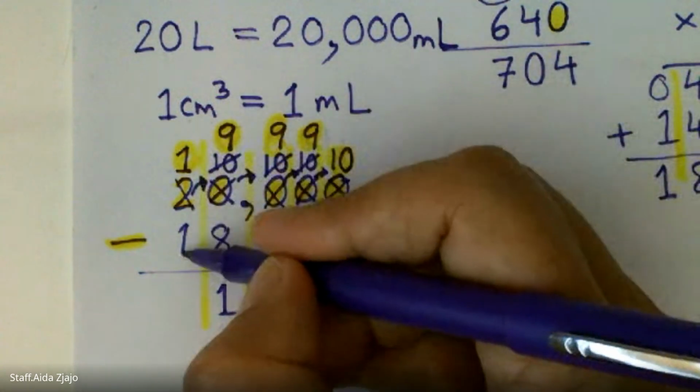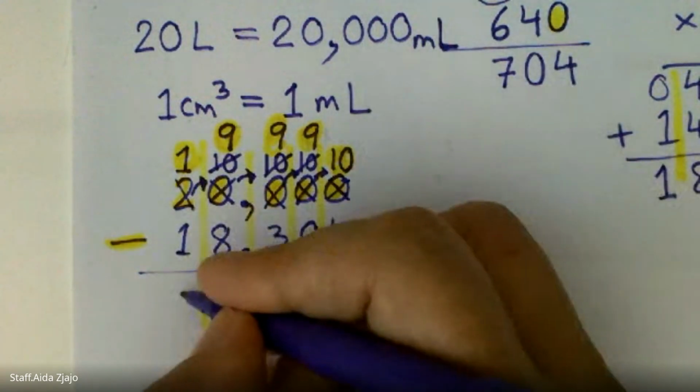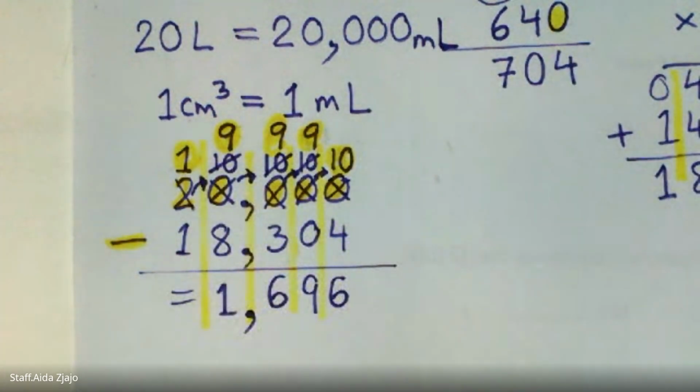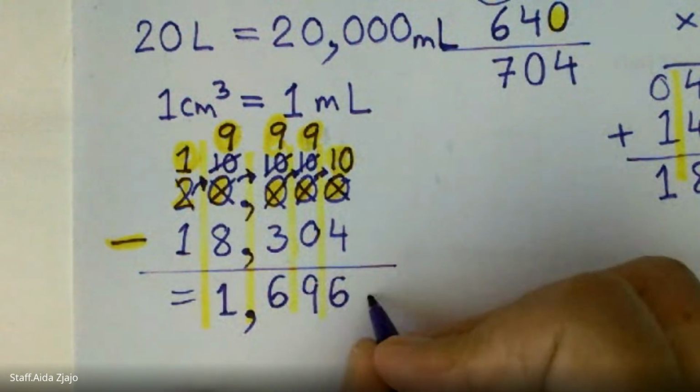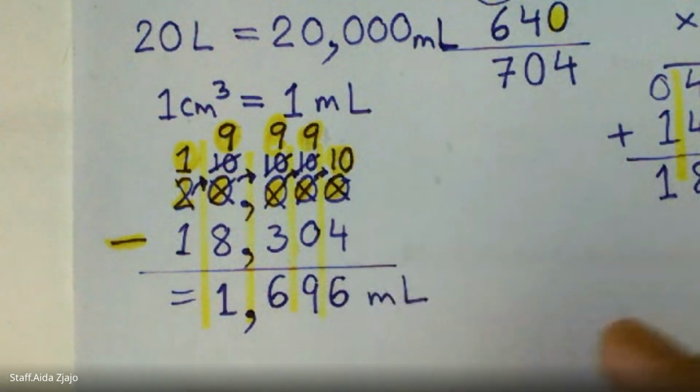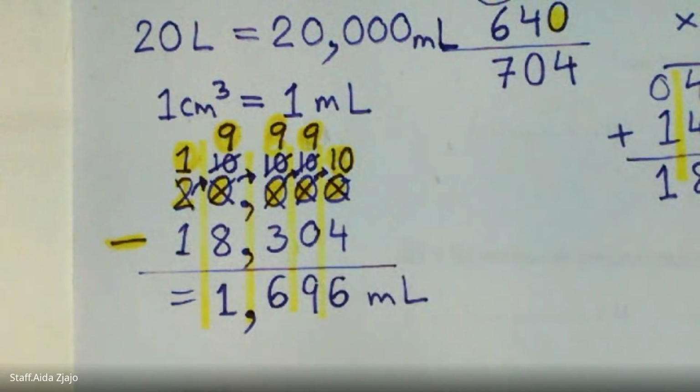And 1 ten thousand minus 1 ten thousand is nothing, it's 0. So we needed to see that the overflow was 1,696 milliliters, or 1,696 cubic centimeters.